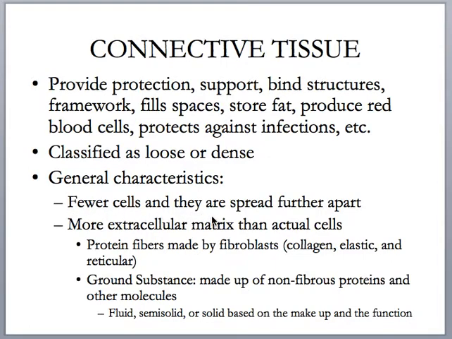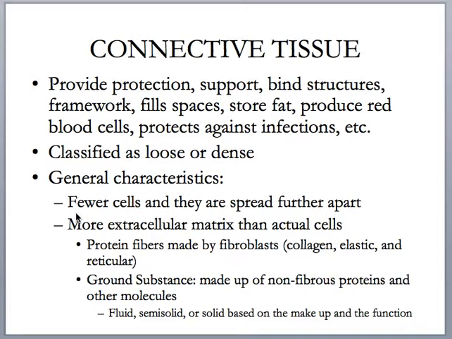They're spread further apart, meaning they're not going to have those cellular junctions like we discussed briefly with epithelium, how epithelial cells are tightly packed together because they have to form sheets and coverings, right?